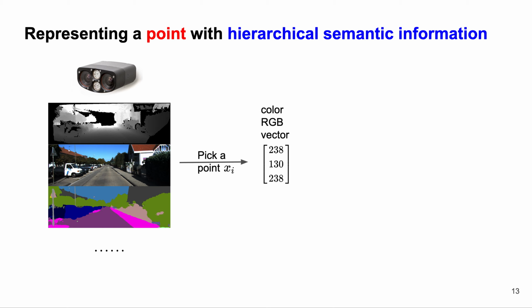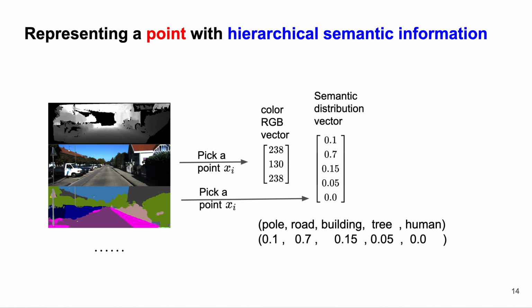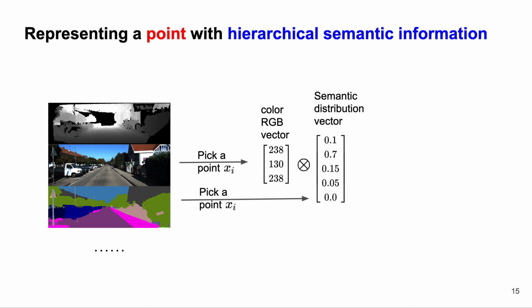Here's an example from the KITTI dataset. Let's pick a single point xi from the stereo observation. This xi has the color pixel, which is basically a 3-dimensional vector. It also has a corresponding semantic observation from some neural network, and it has a different dimension than the color.